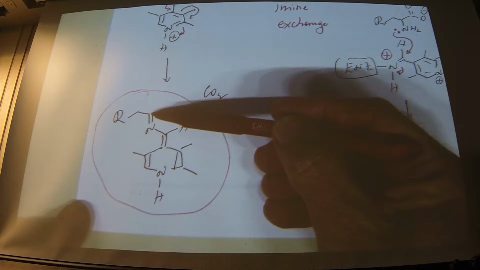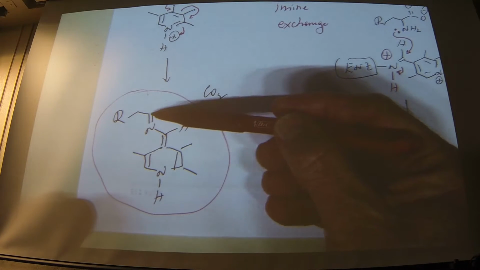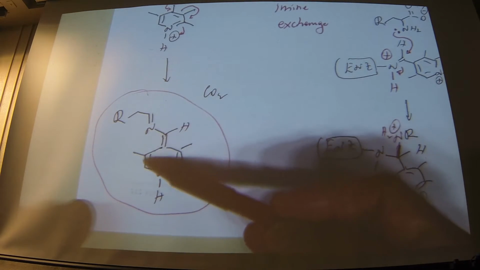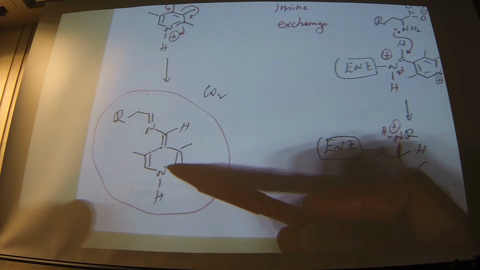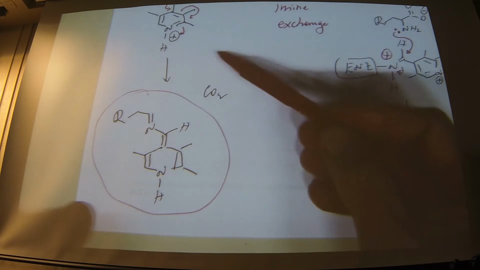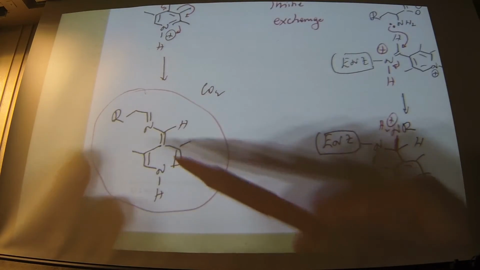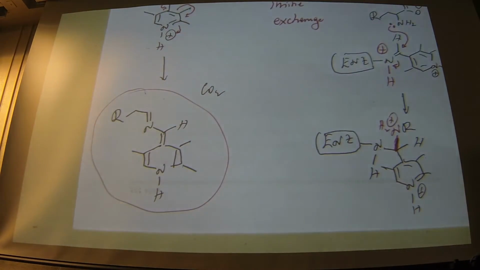And if I want this to be an amine, then that would be a reductive amination product, wouldn't it? But this pyridine ring is oxidized, and what I want is a reduced form. I want pyridine. And so what's going to happen here is an intramolecular redox kind of reaction, where you end up reducing one group at the expense of the other. So let's show that.